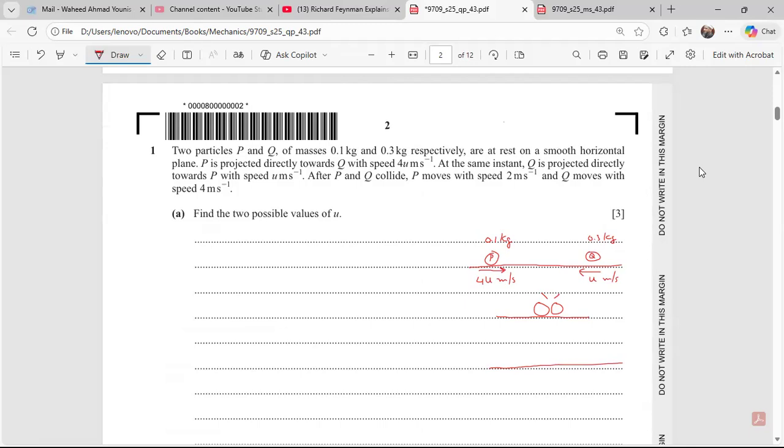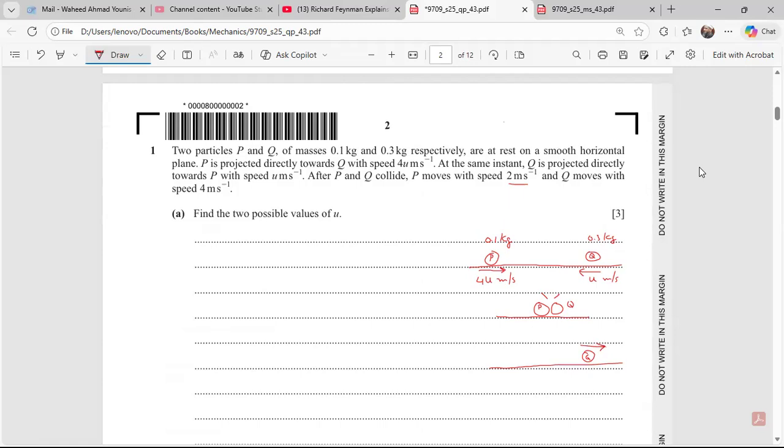After P and Q collide, P moves with this speed, and Q moves away with this speed. But there's a catch here. They are not telling us the direction of this movement. Let's assume this is the lighter one, but it has 4 times the speed. This is heavier, but has lighter speed. So I will assume that this is Q and this was P, and that Q was moving in this direction after the collision.